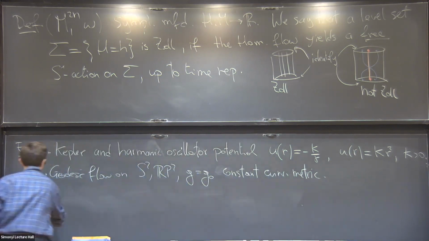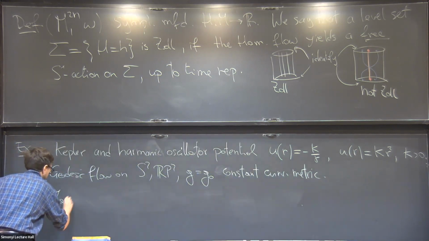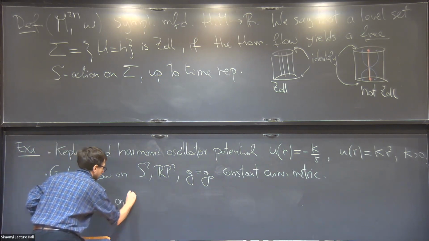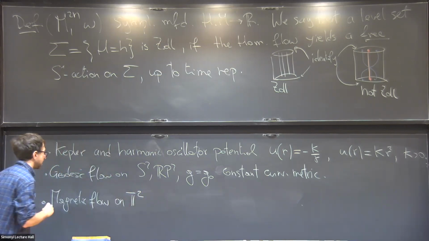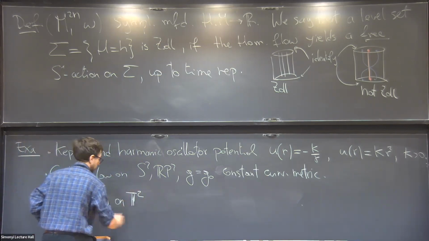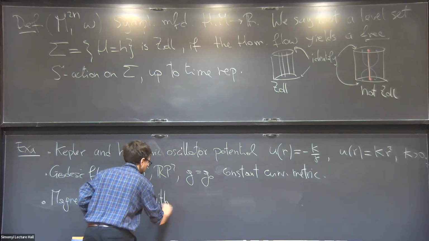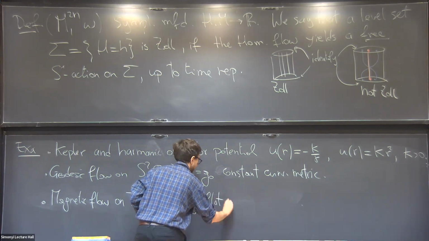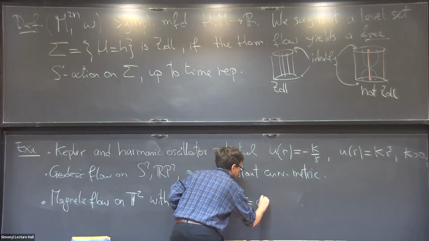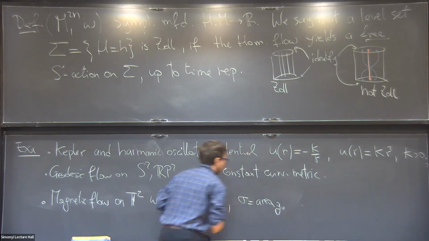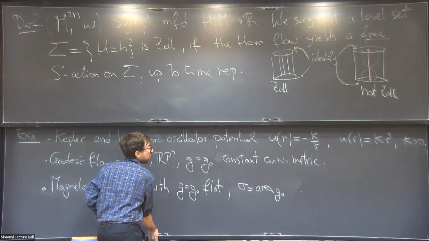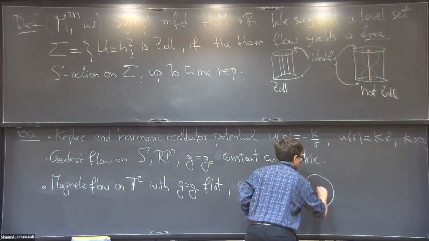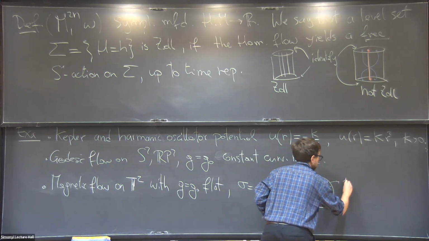And then you have the magnetic flow. The one that is most interesting for us is on the two-torus, g flat, and sigma just a multiple of the area form, let's say multiple 1. In this case, your curves are just circles of a given radius, which depends on the speed.